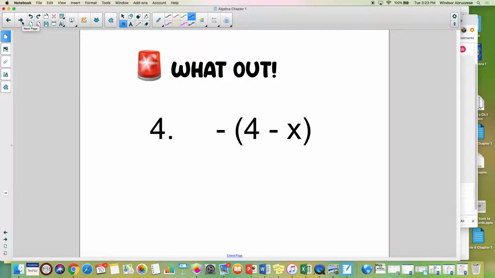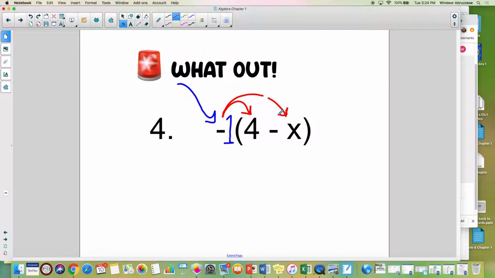It's important to watch out for problems like this, where you have a negative sign outside the parentheses with no number. You should pay attention because if there is no number there, there is secretly a 1. So you're actually distributing a negative 1 to both terms in parentheses.